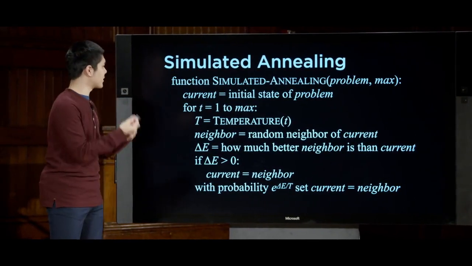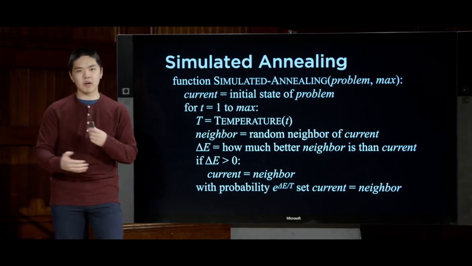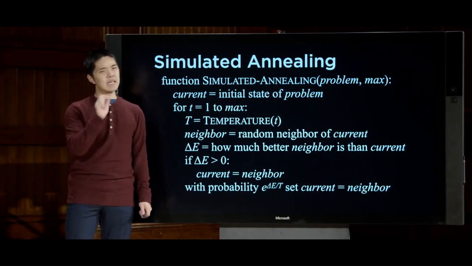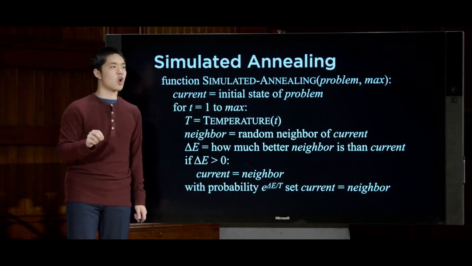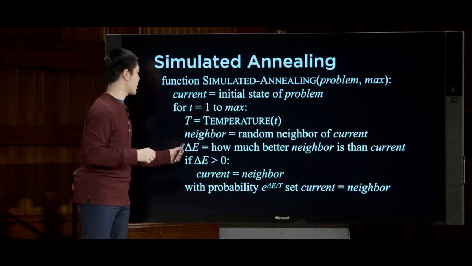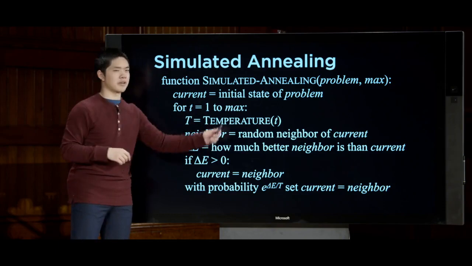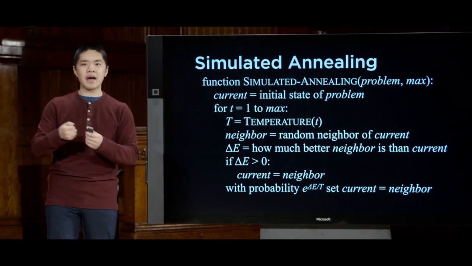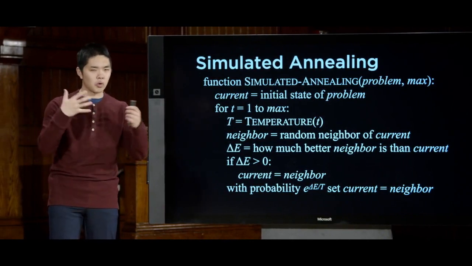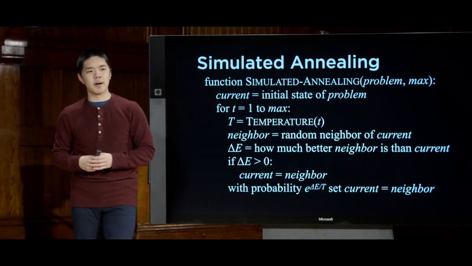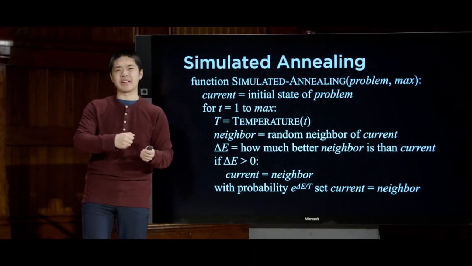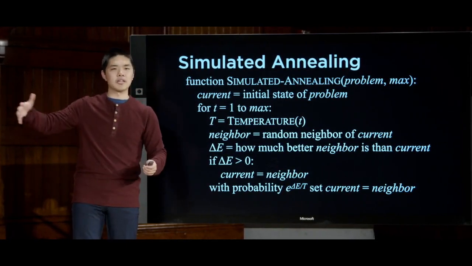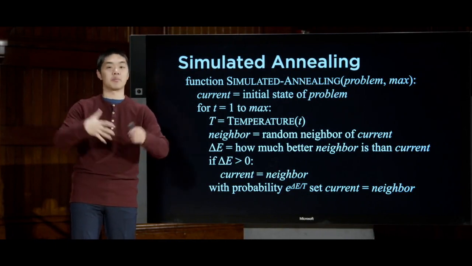So now this is the big picture for simulated annealing. This process of taking the problem and going ahead and generating random neighbors. We'll always move to a neighbor if it's better than our current state. But even if the neighbor is worse than our current state, we'll sometimes move there, depending on how much worse it is, and also based on the temperature. And as a result, the goal of this whole process is that as we begin to try and find our way to the global maximum or the global minimum, we can dislodge ourselves if we ever get stuck at a local maximum or local minimum in order to eventually make our way to exploring the part of the state space that is going to be the best.